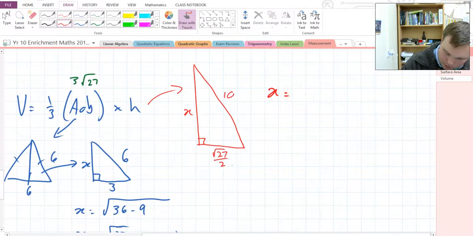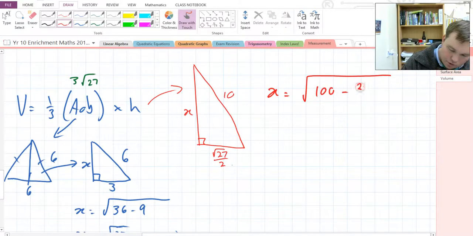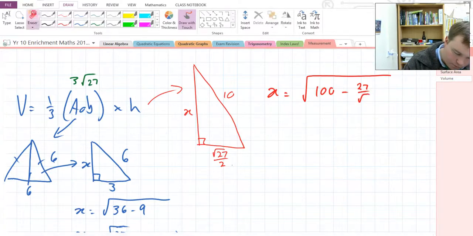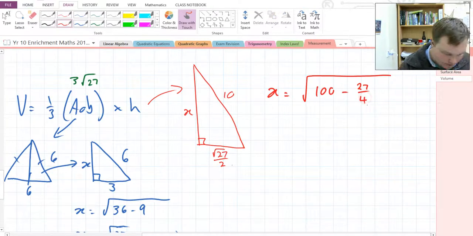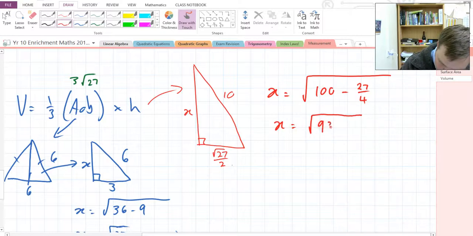So x will equal the square root of 100 minus, no, you square it, 27 on 4. 100 minus 27 divided by 4. X is equal to the square root of 93.25.